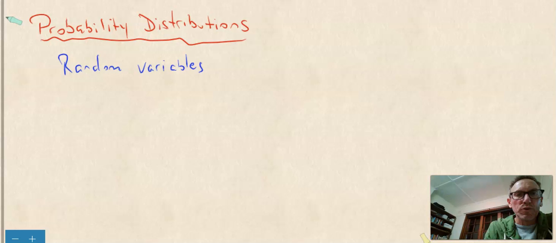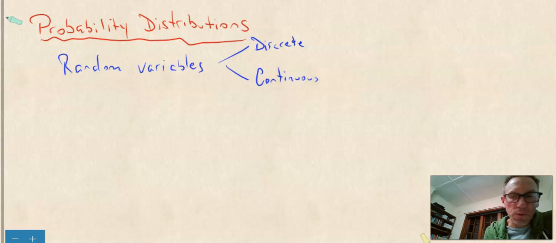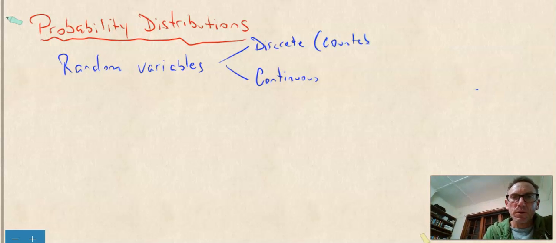Those random variables can be discrete in nature or continuous, as is the case with data, for instance. Discrete, remember, is countable. Continuous is more measured.